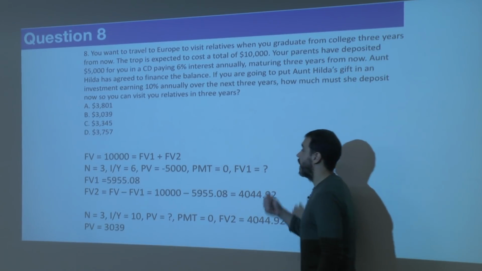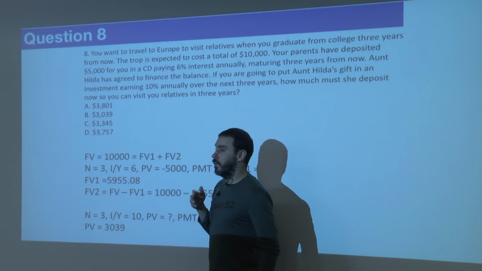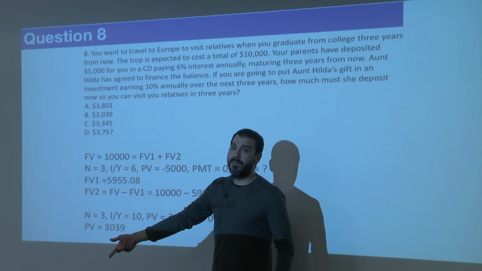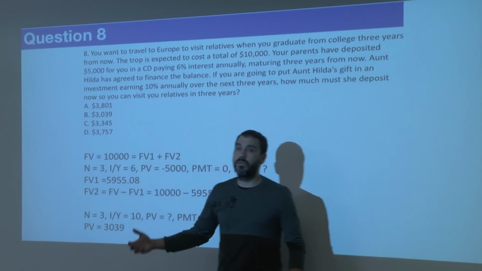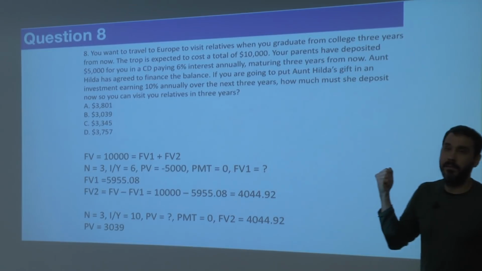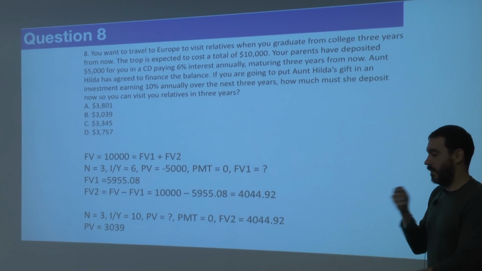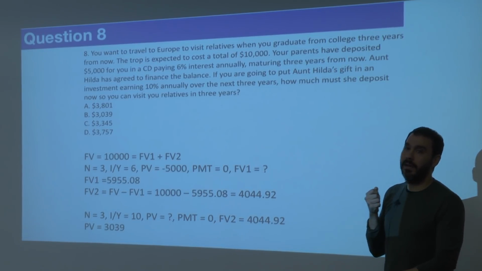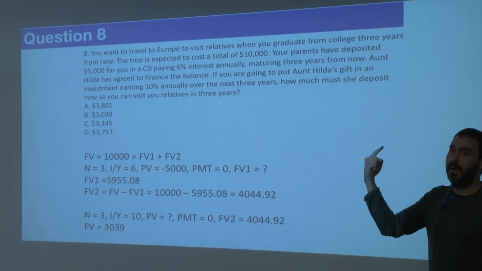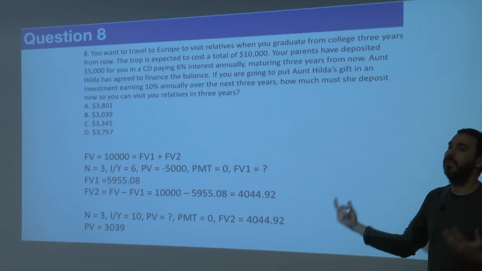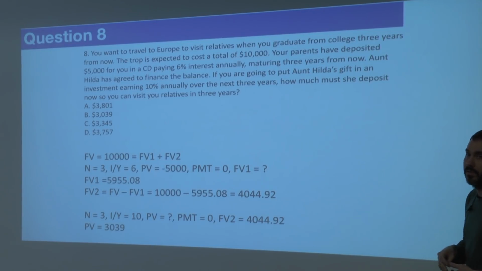Kind of makes sense, like you put in the bank 5,000 and it will grow into, it will come back. So receiving the payment and putting money in the bank, if you think about it, have two different directions, two different signs.